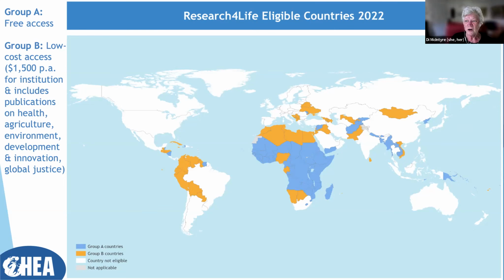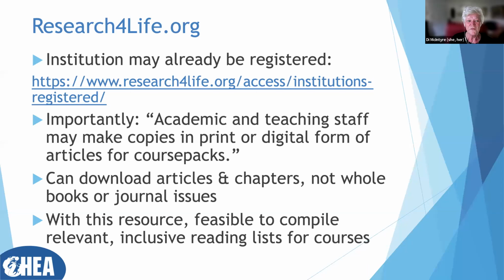So this was just to mention that if you are struggling to access literature which is not fully open access, you should have a look at the Research for Life website and see if your institution is already registered, because there are thousands of institutions that are registered with Research for Life and already have access.